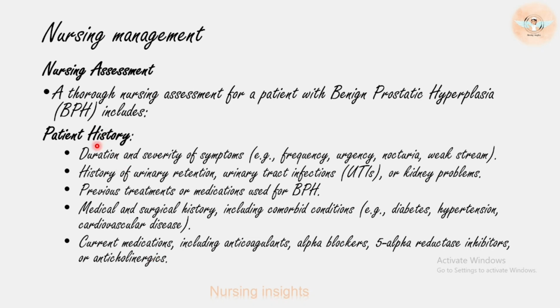So these are included in the patient history collection. As a nurse, the first responsibility is history collection. We inquire about the symptoms, any complications, previous treatment, medications, medical surgical history, comorbid conditions, and current medication the patient is using. So these are the history we should collect.